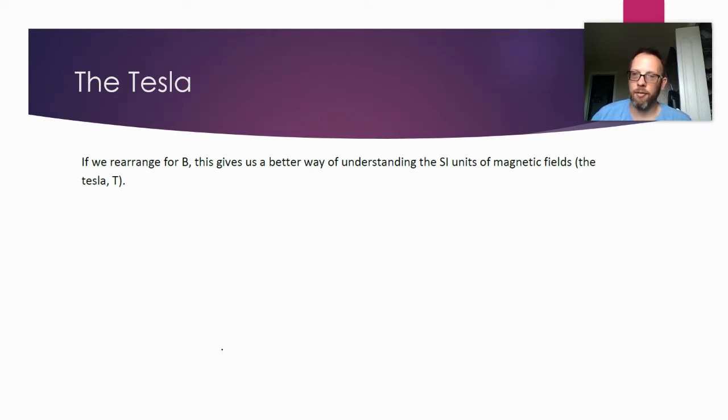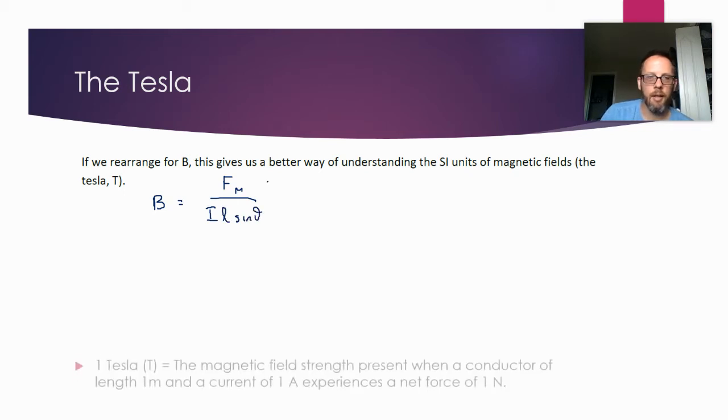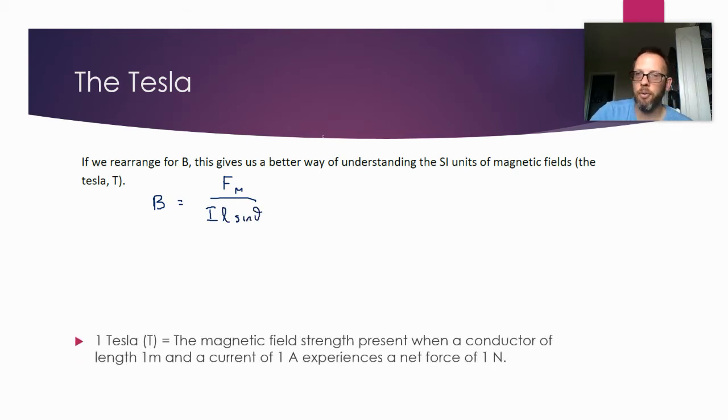Now I actually teased this earlier, but now we get a better understanding of what a Tesla is. If you take that equation and rearrange it for B, you get B equals F_m over I L sine theta. This gives us a way to interpret the Tesla.